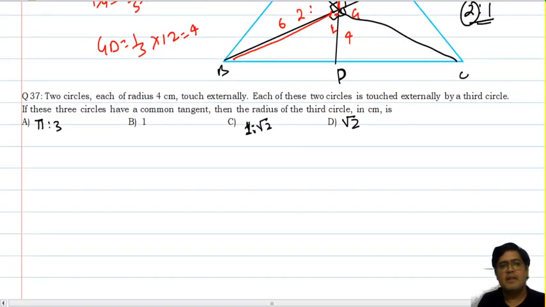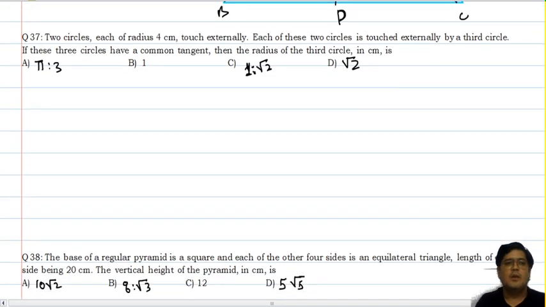Now what do we have here? Two circles, each of radius 4 centimeters, touch externally. Each of these two circles is touched externally by a third circle. If these three circles have a common tangent, then the radius of the third circle in centimeters is.